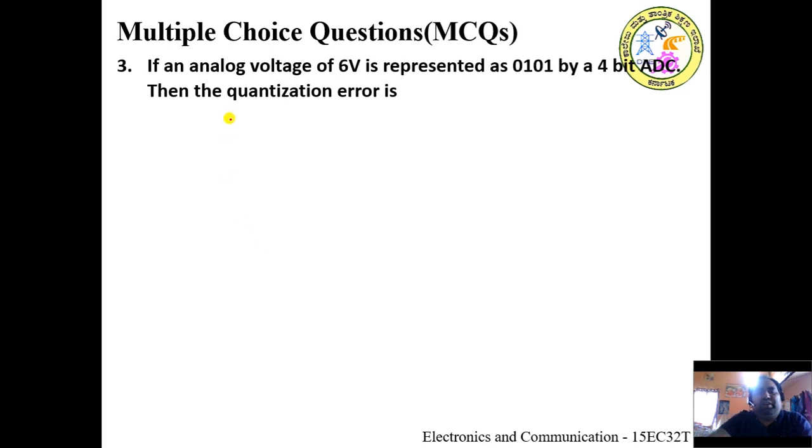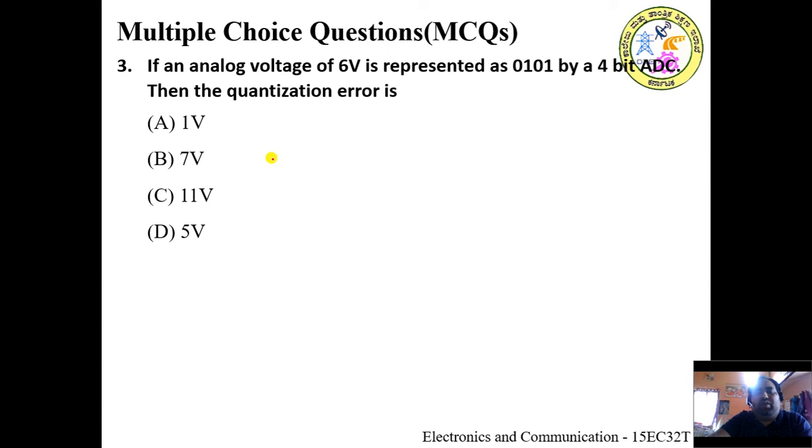The third one: if an analog voltage of 6 volt is represented by a binary sequence 0101 by a 4-bit ADC, then the quantization error will be 1 volt, 7 volt, 11 volt, or 5 volt.